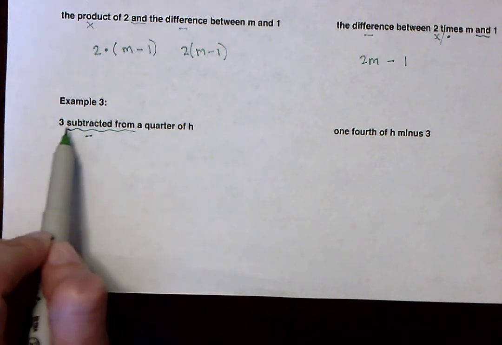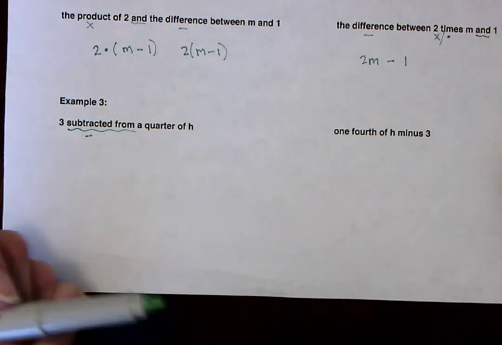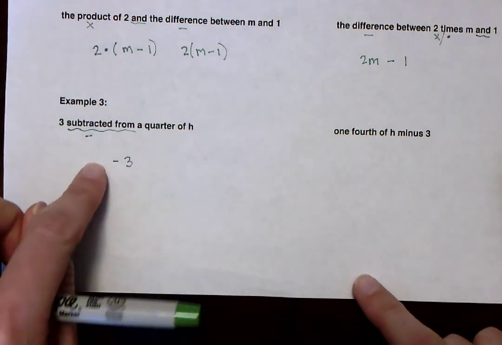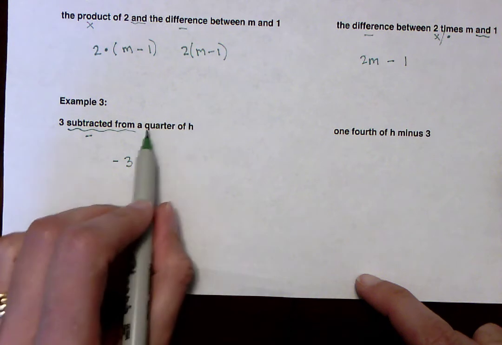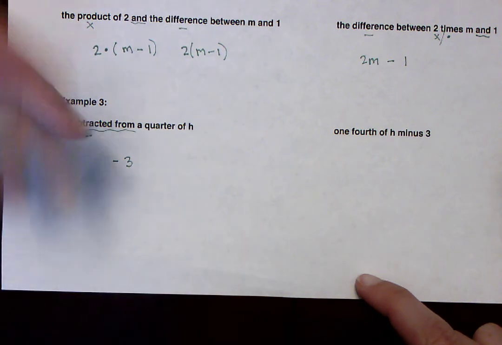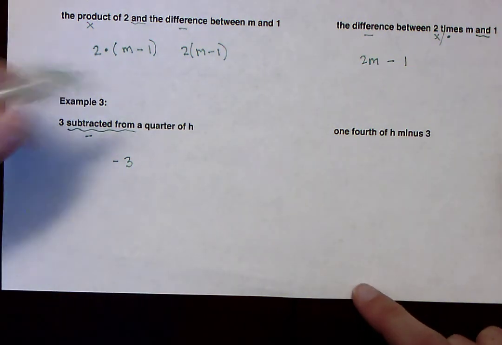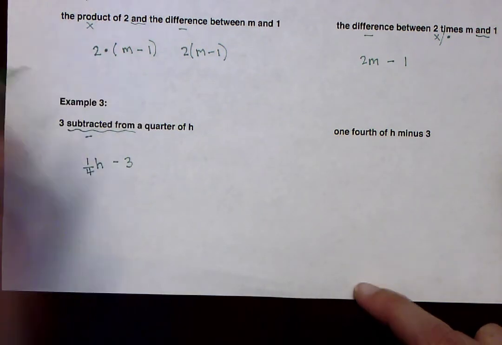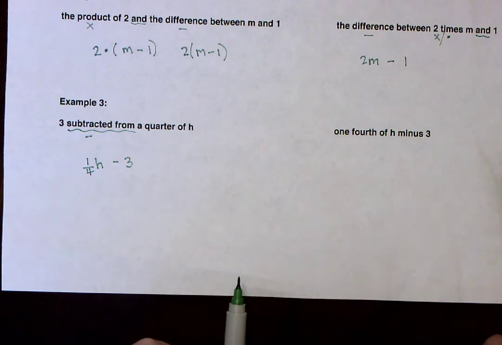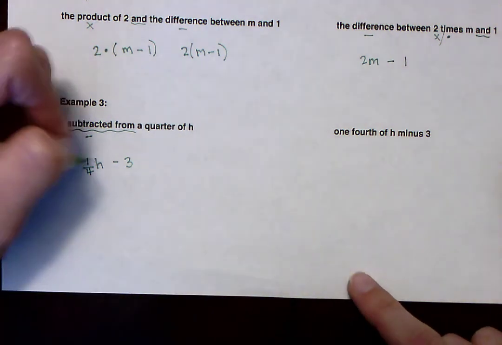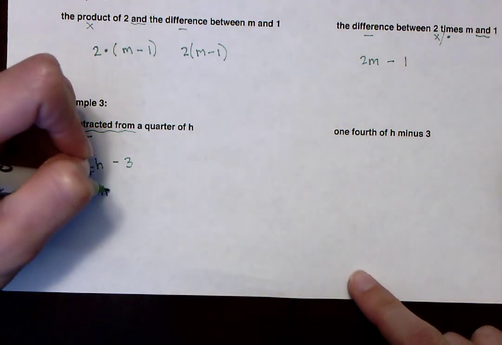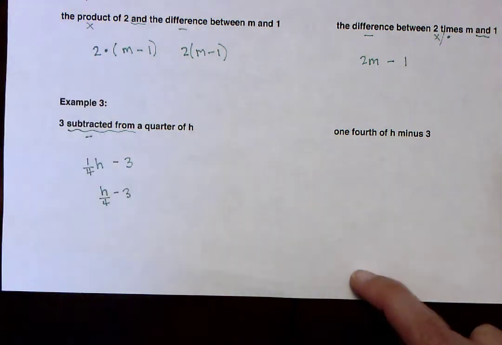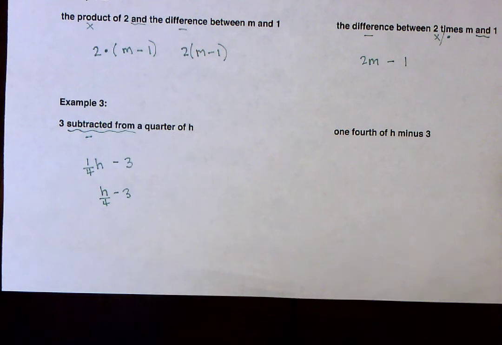You would actually put the 3 at the end. So we're going to have 3 being subtracted from something, and that's a quarter of h. We can write it like this, 1/4 h. We can also rewrite it as h divided by 4 minus 3. That also works. That's still 1/4 of h.